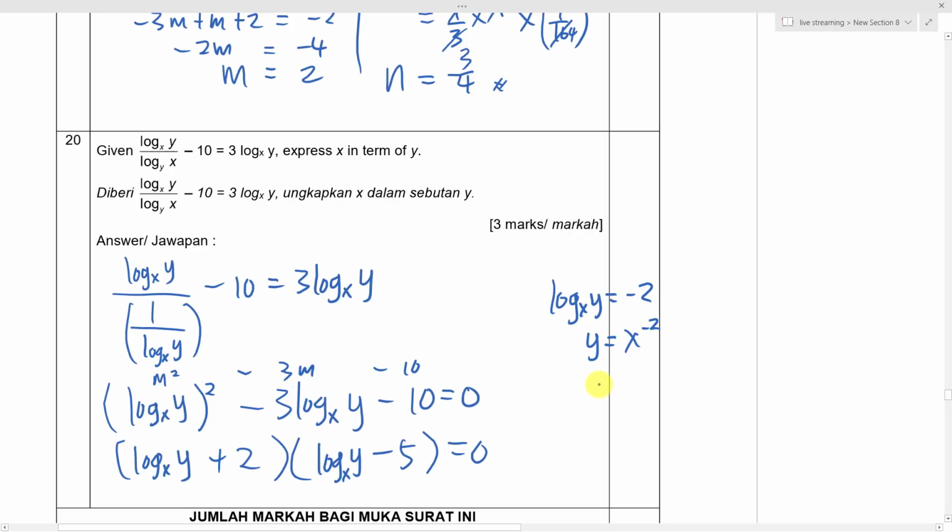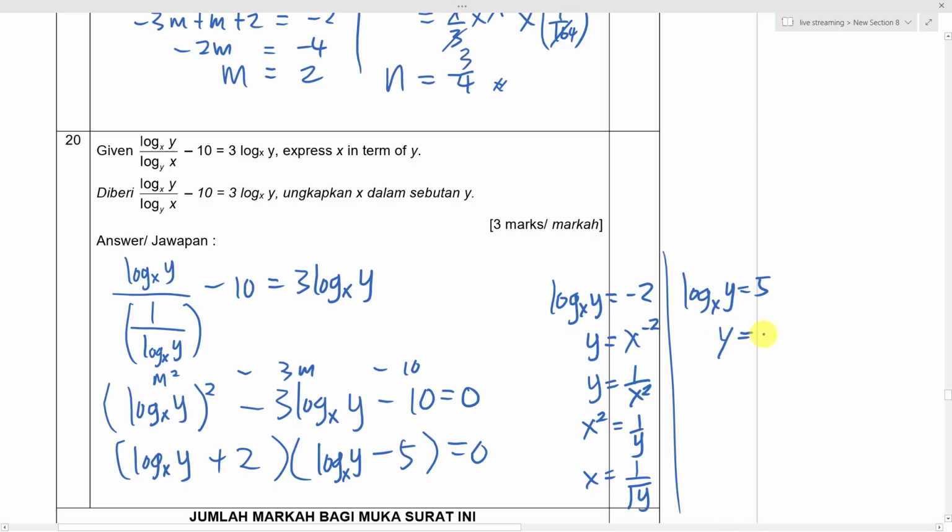So y equals 1 over x squared. So x squared equals 1 over y, x equals 1 over the square root of y. The next one, log xy equals 5, y equals x to the power of 5, x equals the 5th root of y. This log question, I will not say it's very easy, but it shouldn't be too hard.